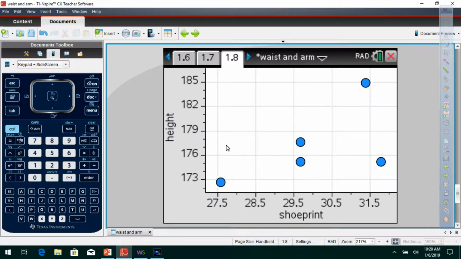Now just looking at that, it would be really hard to tell whether or not there's a strong correlation there, just because you only got 5. You got one up here and one down there, and you really can't tell. So we need a better method.